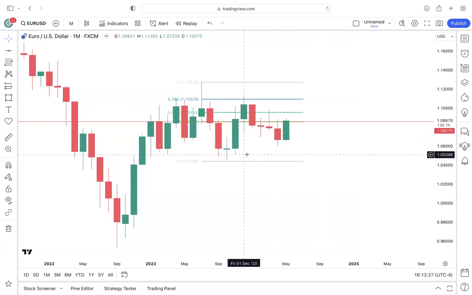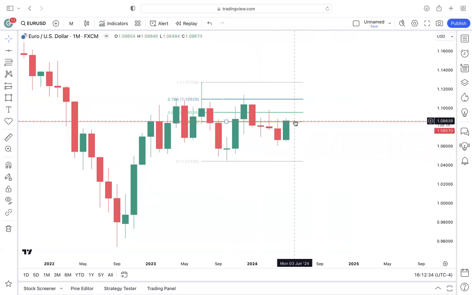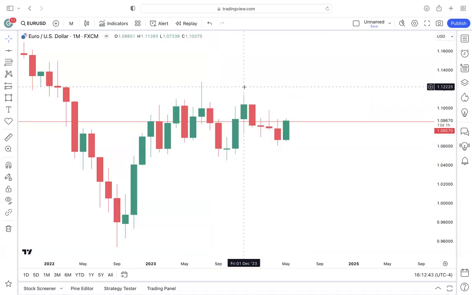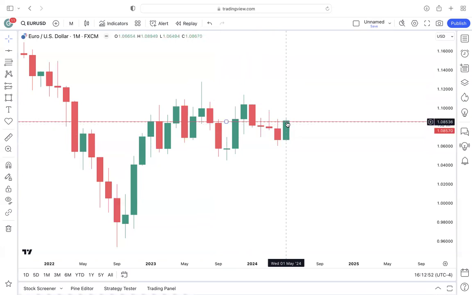When it's in a deep discount and then it takes out sell side, it's going to want to draw back to equilibrium. Okay. When it's in a deep premium way up here and it takes out buy side, it's going to want to draw back to equilibrium and then hang out and then go back to discount, take out sell side and then draw back to equilibrium, consolidate, and then take out buy side liquidity and then head up into a premium market and then draw back to equilibrium.